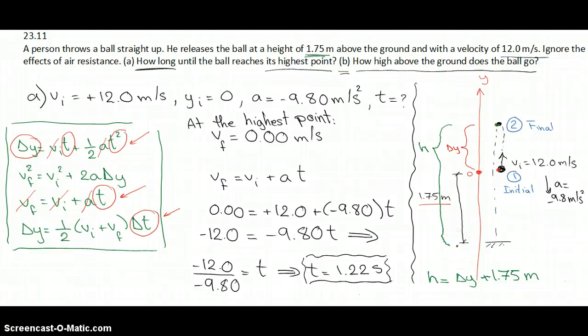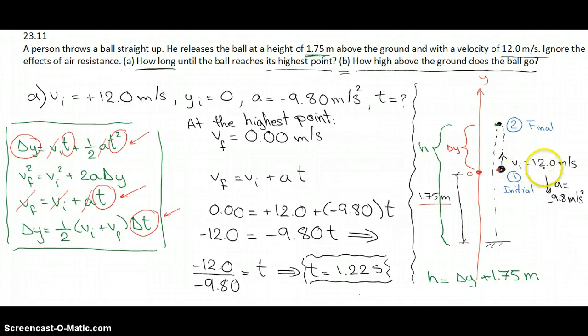Okay. So which points are we looking at now? We're still looking at point 1 as our initial point, and we're still looking at point 2 as our final point. We're still looking at the same points. So the same values apply.